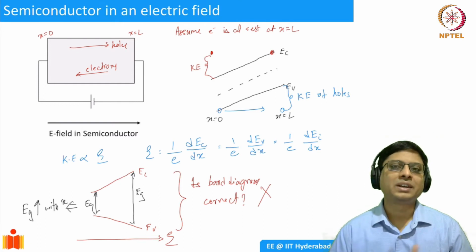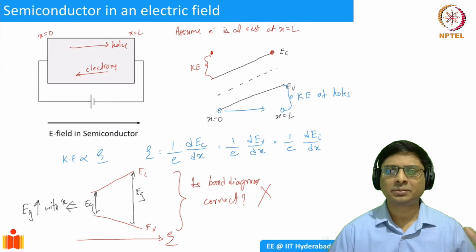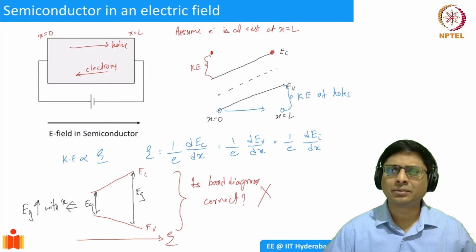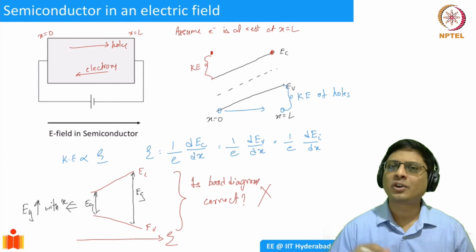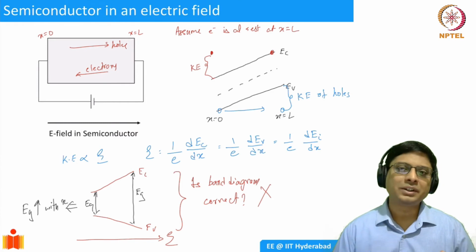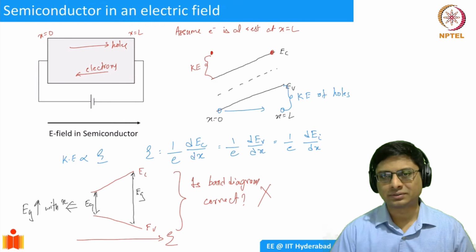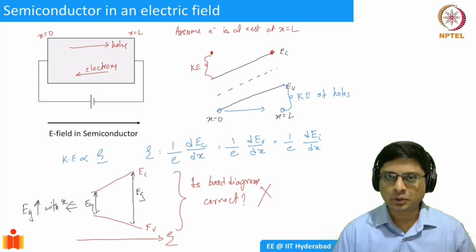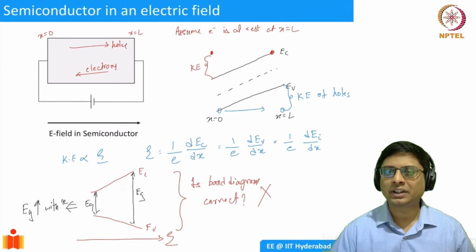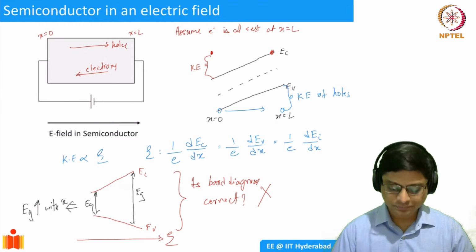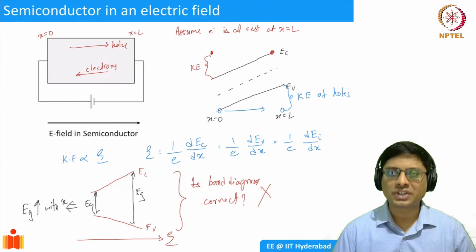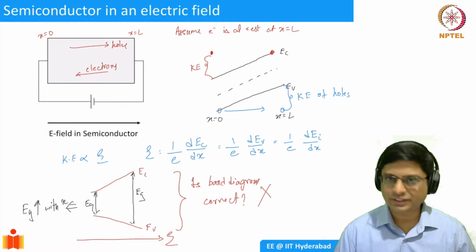If you think about the physical origin of the band gap, it is because of the lattice structure, with the energy levels interacting and forming bands. Just by applying an electric field, I'm not going to change it. The only way to change that would be to modify the lattice spacing, which we are not doing. So EG is not going to change, and because of that, a band diagram like this is wrong.